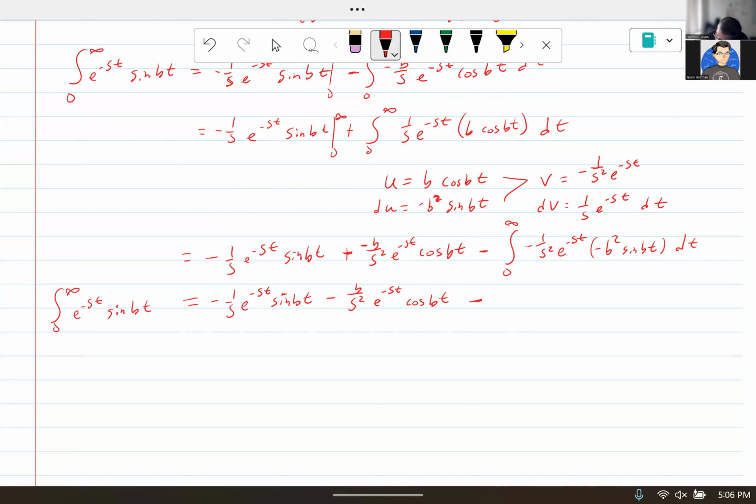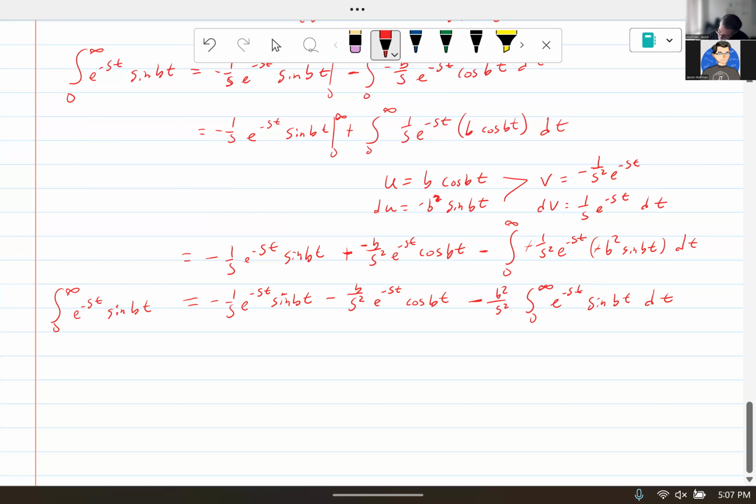This negative and this negative cancel. Then I'm going to factor out the b squared and the 1 over s squared. So this is minus b squared over s squared times the integral from 0 to infinity of e to the negative st sine bt dt. And that's really what we started off with.